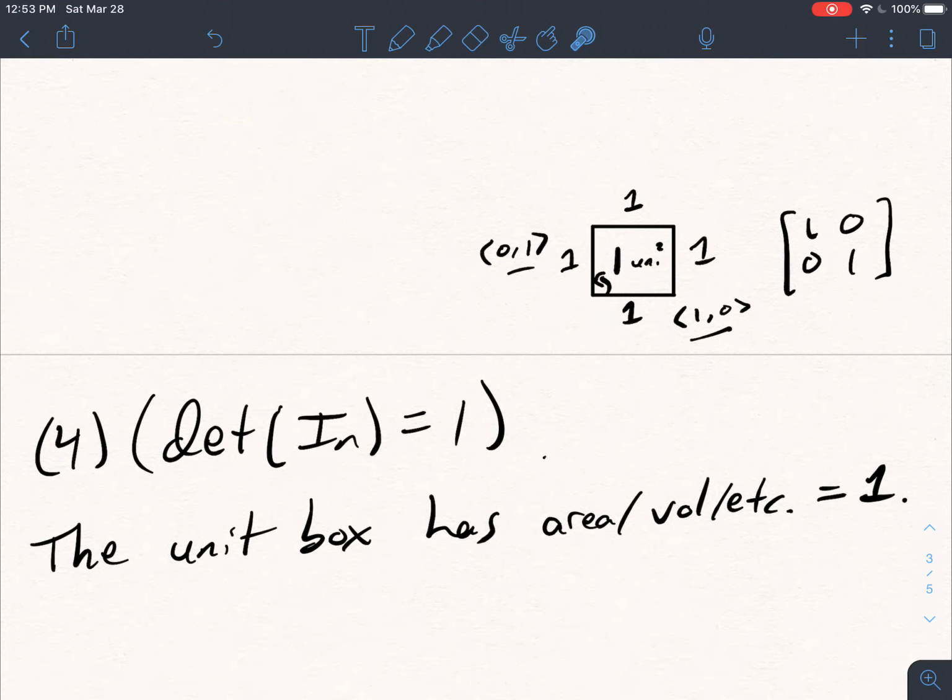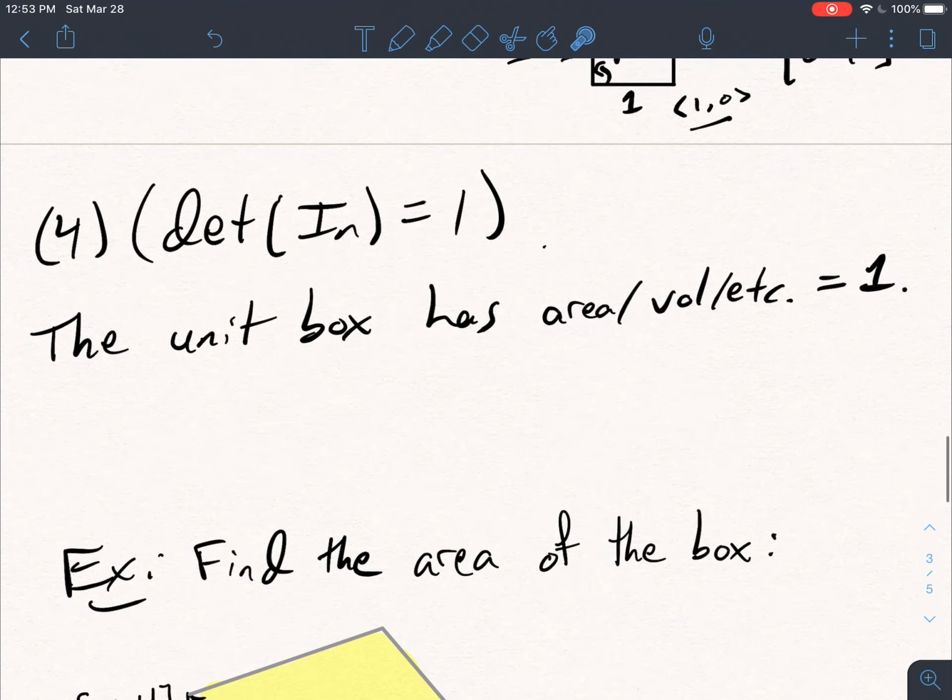And again, it does not matter if you put them in as rows or as columns, because you will still get the same determinant in either case, because those two matrices are just transposes of each other, and transposes have the same determinant.